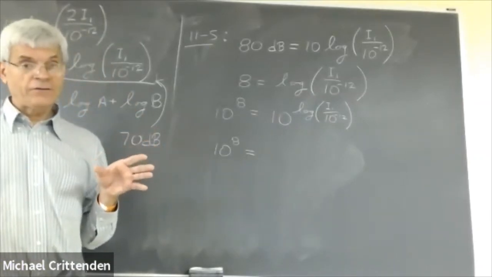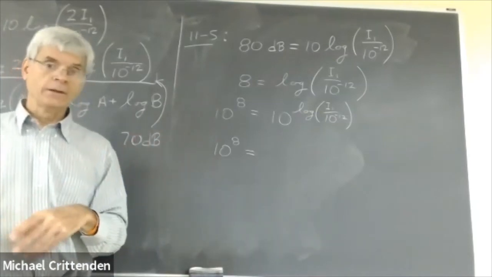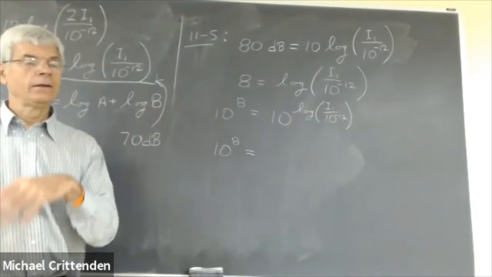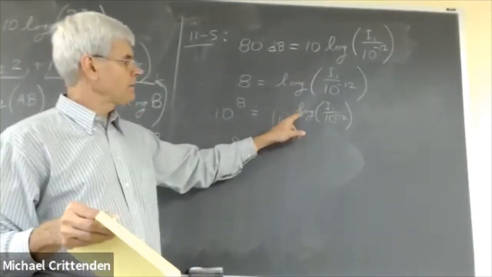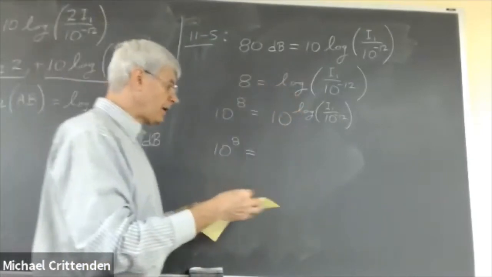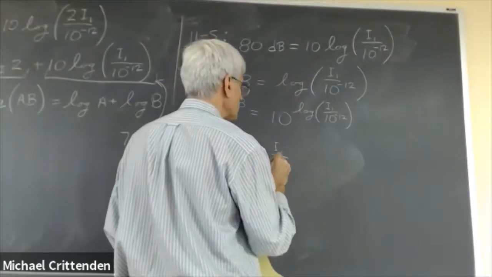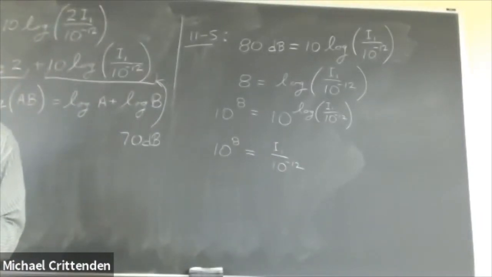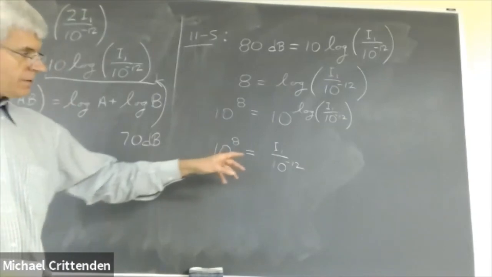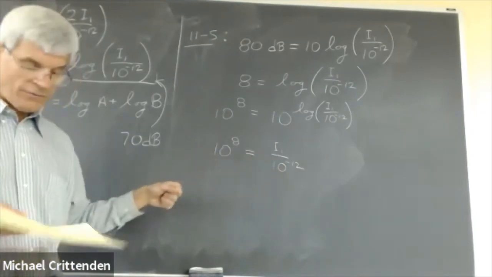Inverse functions cancel each other out, like taking the square root of a square or the arc sine of a sine. So the exponential and the log kill each other off, and what you're left with is just the I1 over 10 to the negative 12. All that's left now to solve it for I is to get that denominator out from under there.